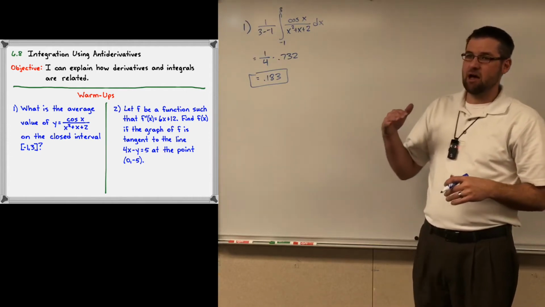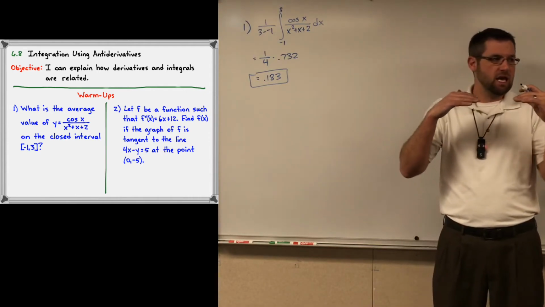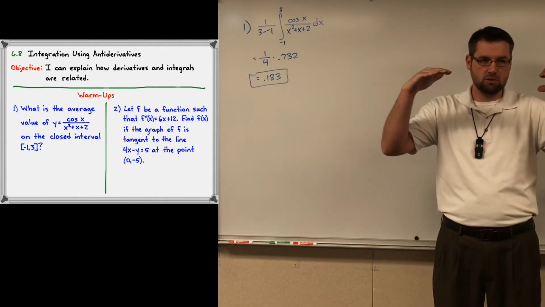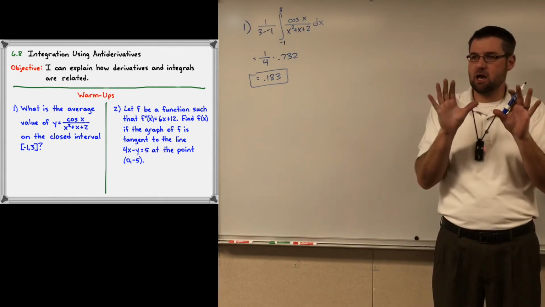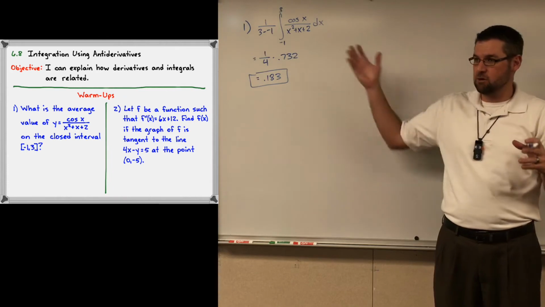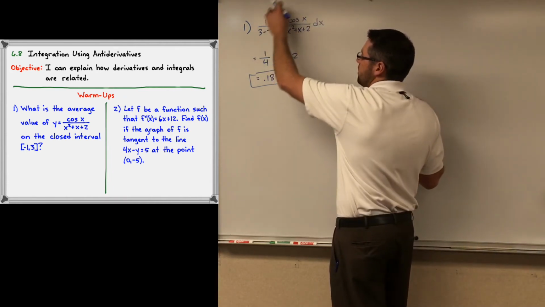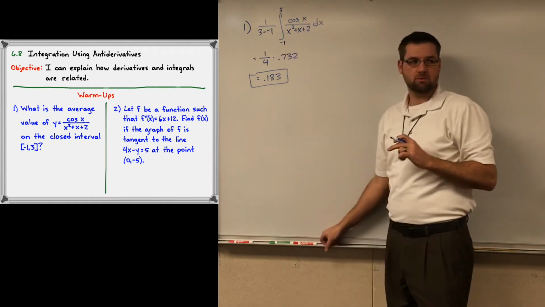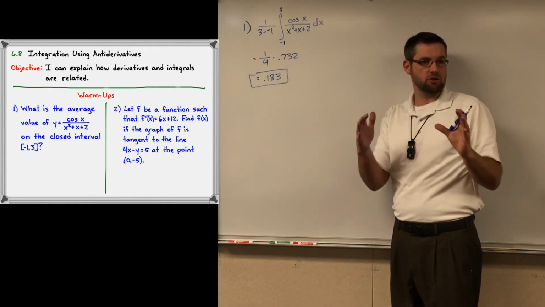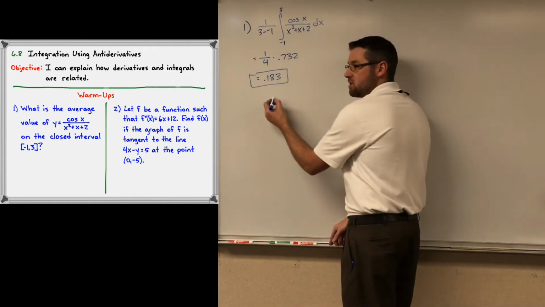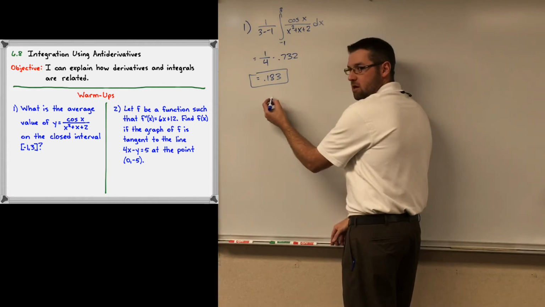Remember, the meaning of average value is a constant function that has the same area under that function as the original function. So, what does the integral part give us? It gives us the area under the function. So if we're trying to find a constant function, what shape are we going to be looking at the area of?